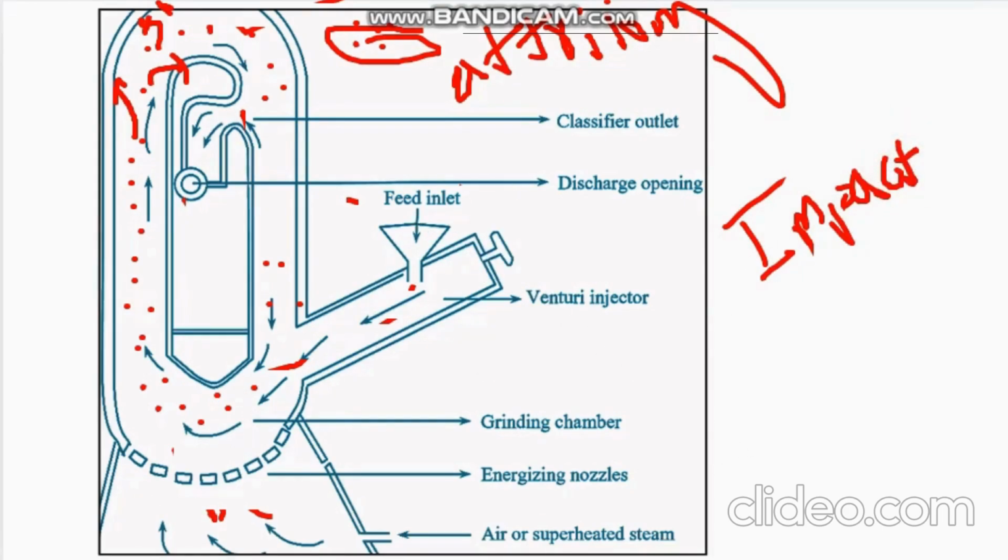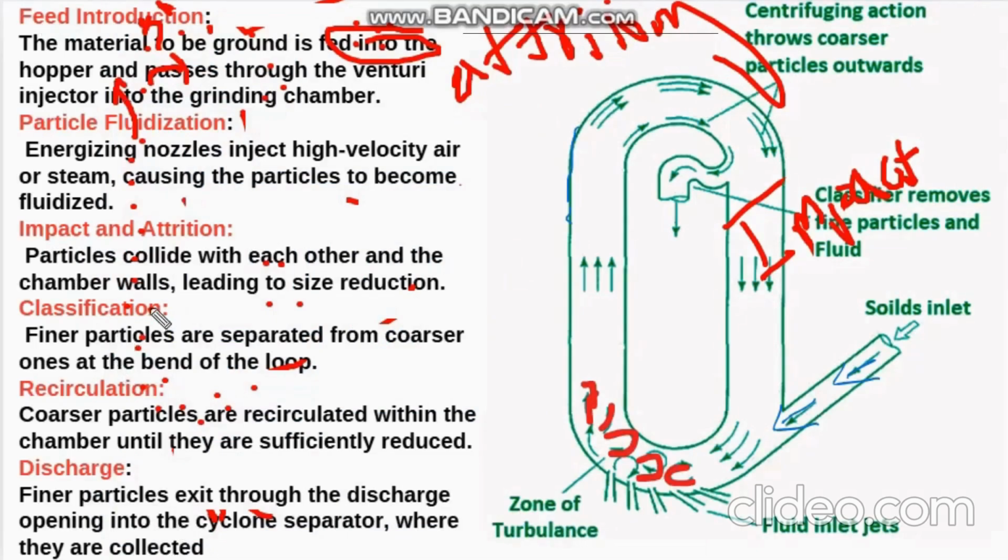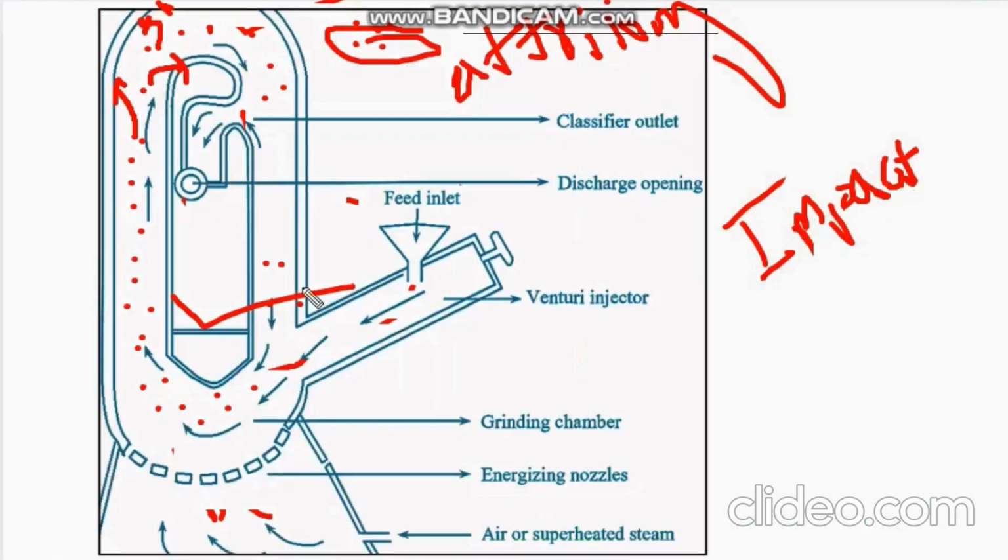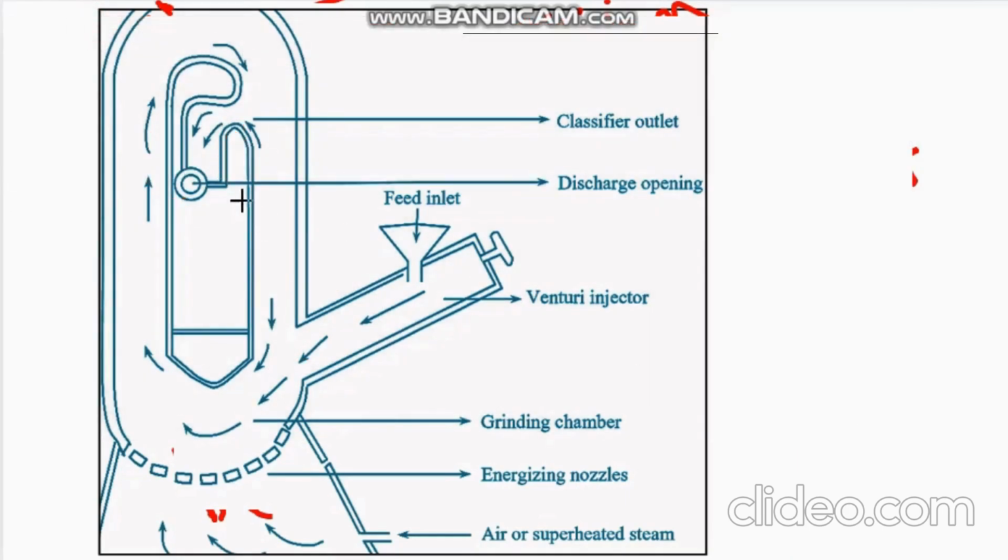The next one is classification. The finer particles are separated from the coarser ones at the bend of the loop. Here a classifier is placed, which is going to separate the bigger, that is coarser, particles from the fine particles.